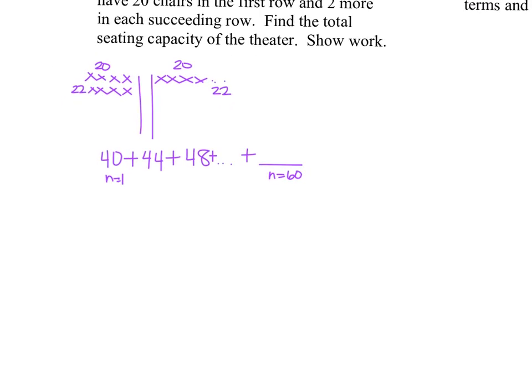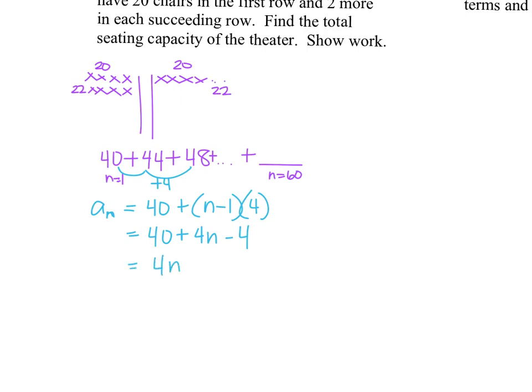So let's do that. We're going to say a sub n equals, we're going to take our first term, which is 40, plus n minus 1 times the common difference. And our common difference, what we're changing by each time, is 4. Okay, so if we simplify this, 40 plus 4n minus 4, so we get 4n plus 36, okay?